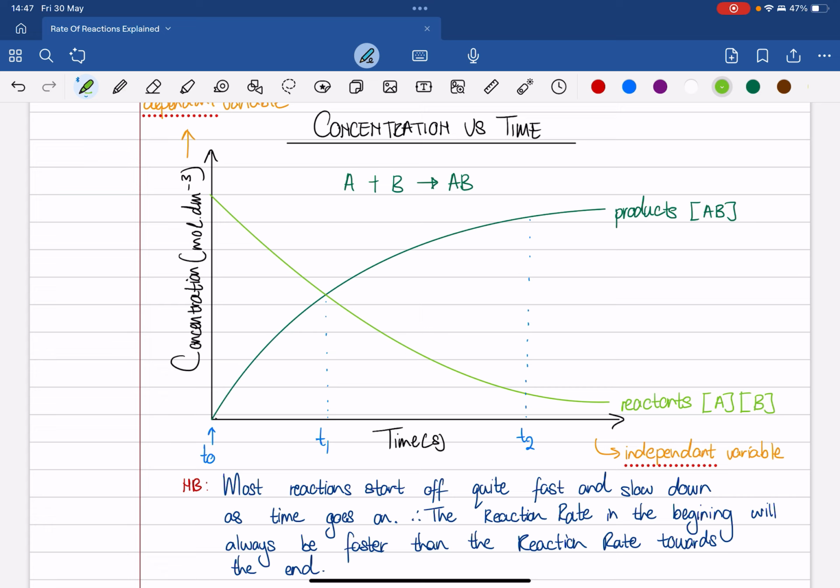And we can see this if we try to draw the slope, right? So if I pick that point over there, I'm focusing on the products graph, and I try to draw that slope, and I pick point 2 over there, and I try to draw that slope, I can see that this one is steep, right?